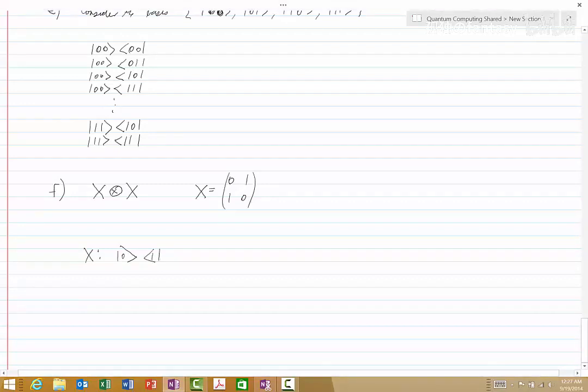We see that from the 1 in this position, plus |1><0|, and we see that from this one.